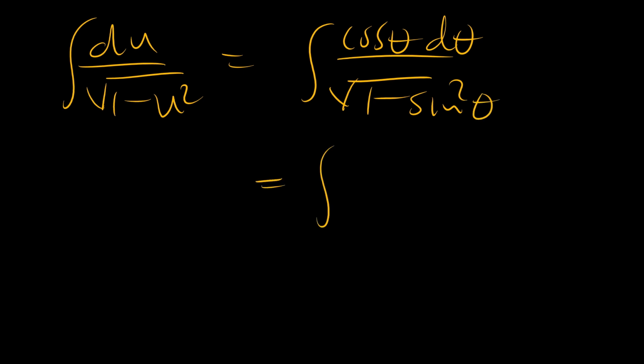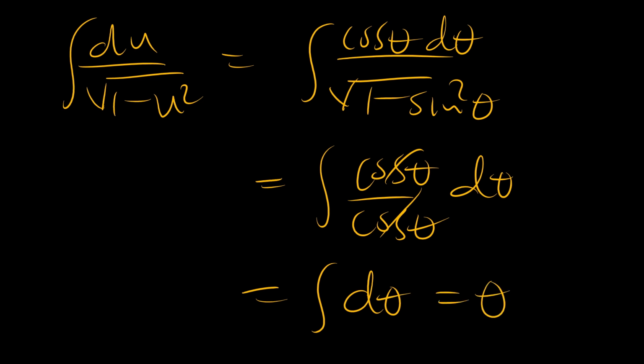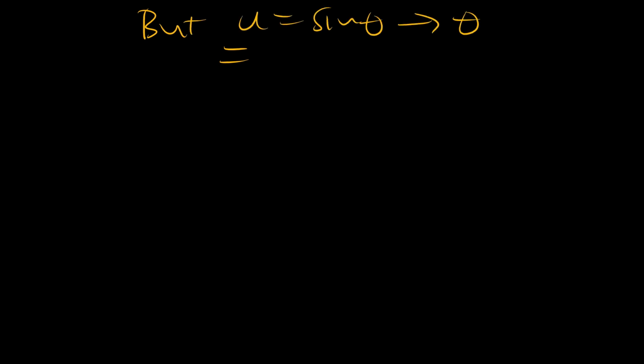1 minus sine squared theta is cosine squared theta, and the square root is cosine theta, so we have cosine theta over cosine theta, and so we have the integral of 1, which is equal to theta plus c. But we said u is equal to sine theta, so theta is equal to arcsine of u.